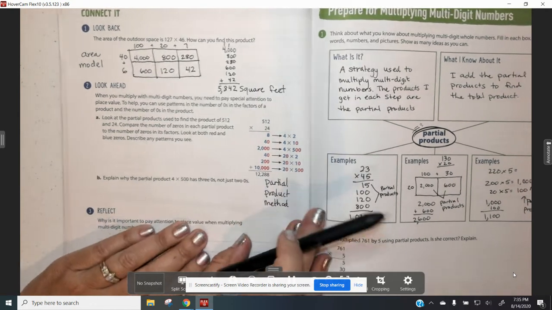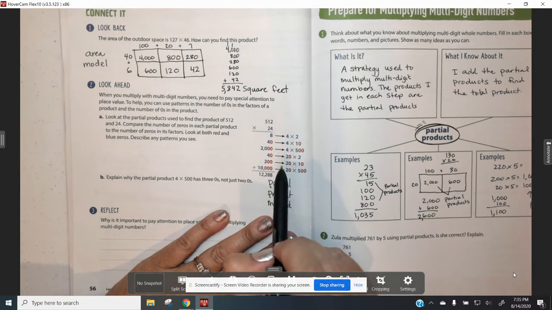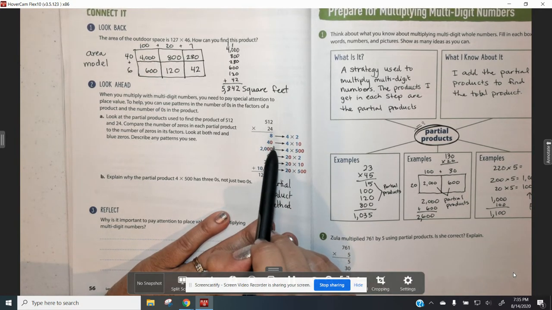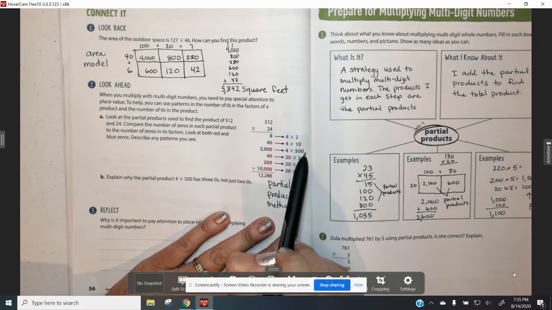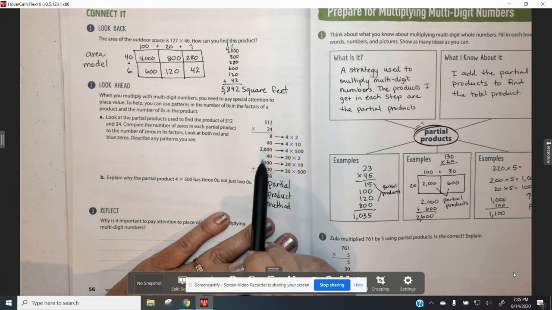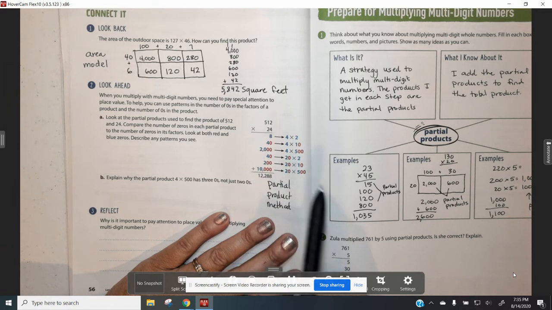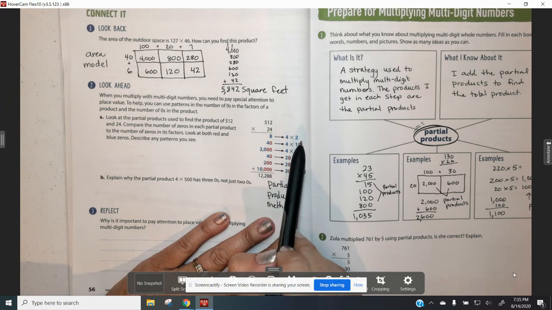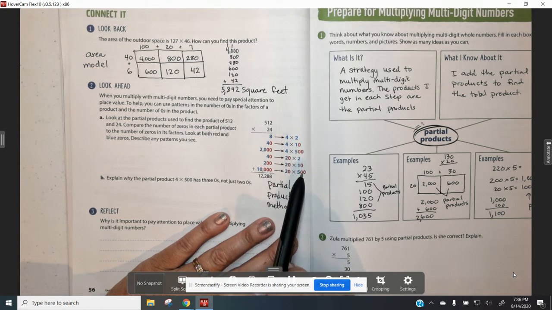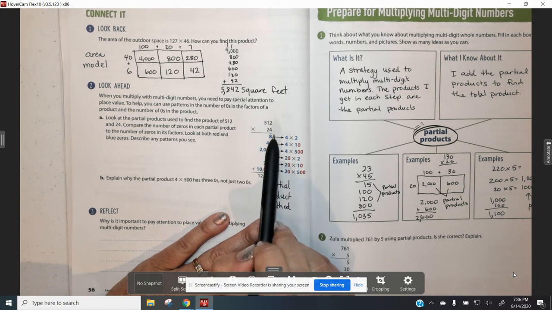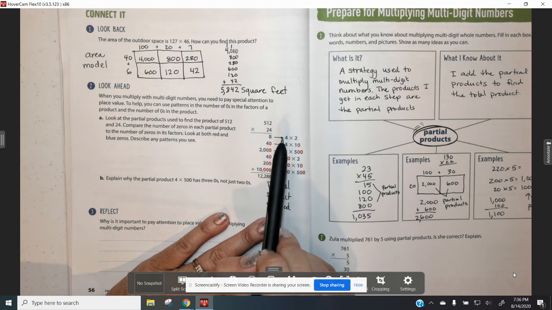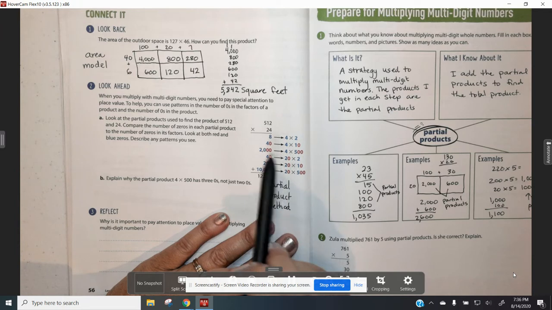So right now, I want you to go ahead and pause your video after I give the instructions. I want you to look at each line separately, and you're looking at the number of zeros in these. These are all your partial products, what you get when you break apart the multiplication by place value.